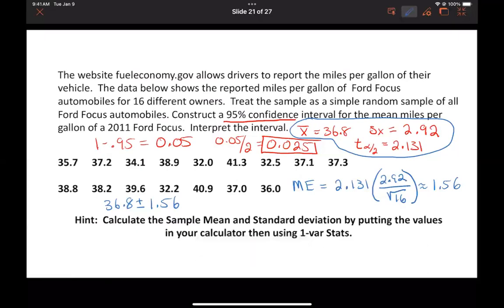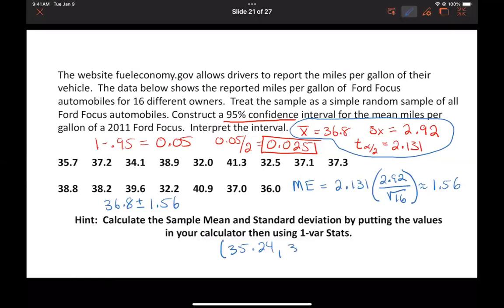Or I can add that 1.56 and subtract it. So I'm going to do that right now. So 36.8 minus 1.56. That's going to give me my lower level, 35.24. And then the upper is 36.8 plus 1.56.